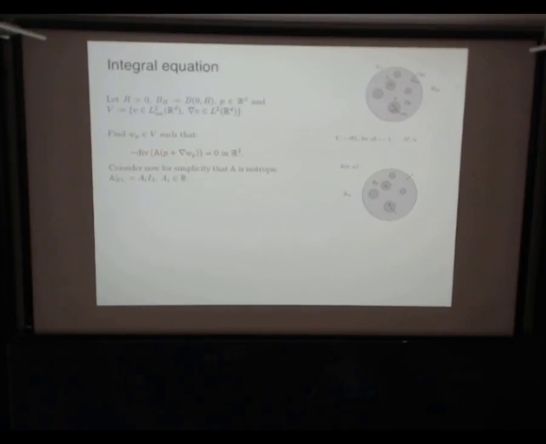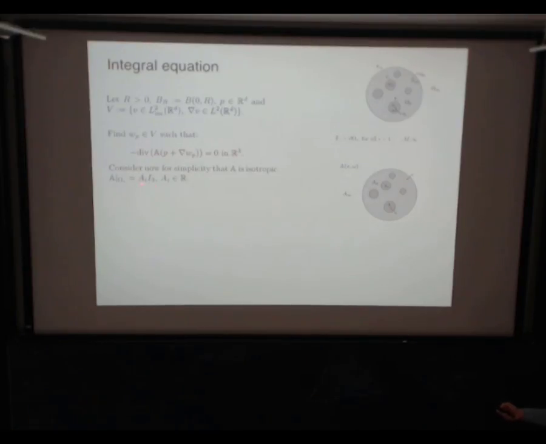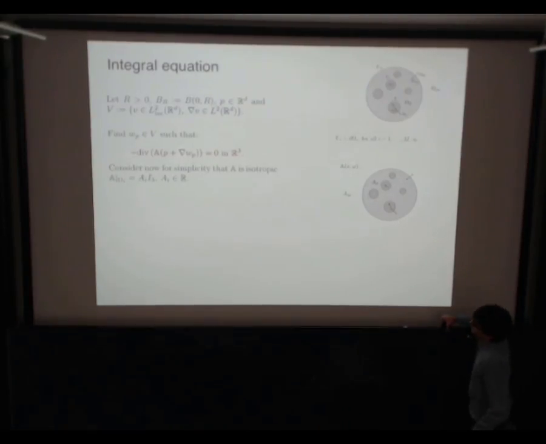So let me explain how you can derive integral equations for this kind of problems. So this is this typical corrector problem. Now in all the following we assume indeed that we have scalar quantities here and that we are in 3D. Okay, I will need some notation.